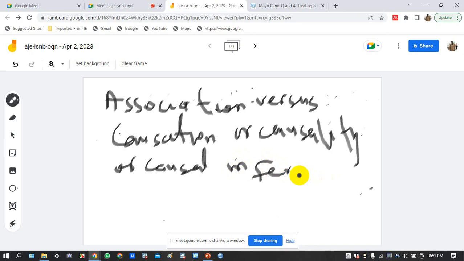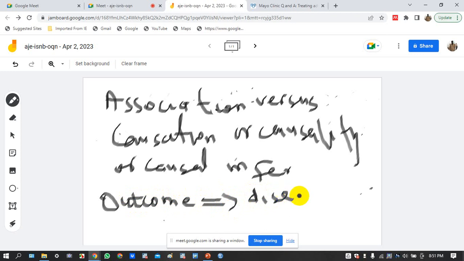So when we say a risk factor or a variable is associated with a disease. And please, whenever you hear outcome in epidemiology or biostatistics, it means what? An outcome is a disease or death.